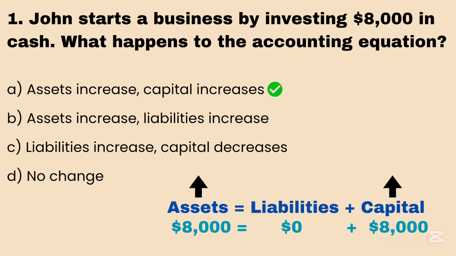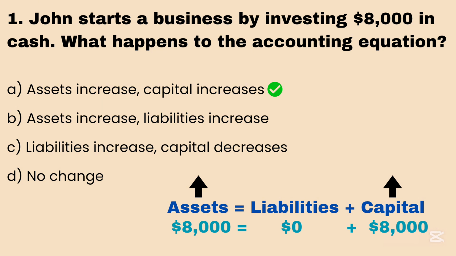Number 1. John starts a business by investing $8,000 in cash. What happens to the accounting equation? When John invests $8,000 in cash to start a business, assets increase by $8,000 because the business now has cash. Liabilities stay the same because there are no debts yet.